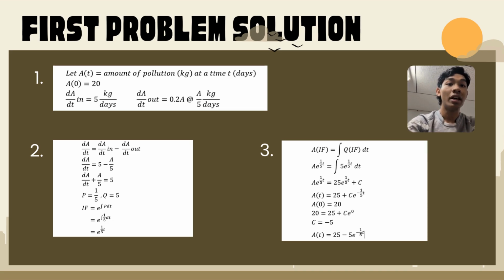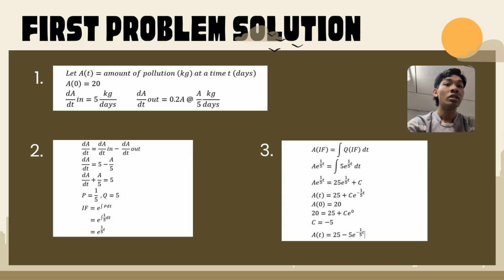After that, we will use the formula A times IF, the integrating factor, equals the integral of Q times the integrating factor dt.